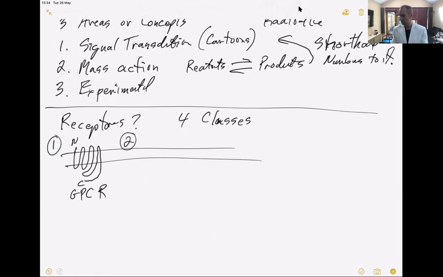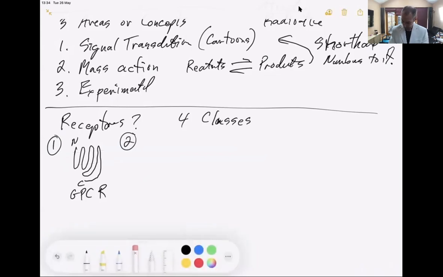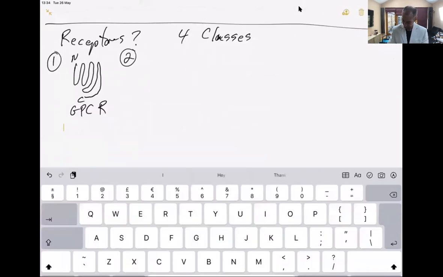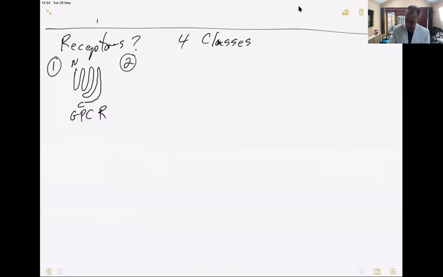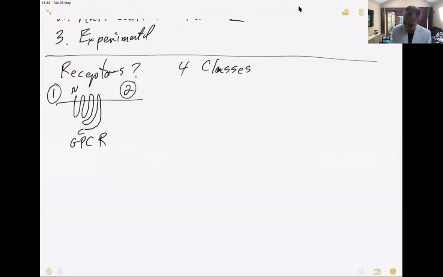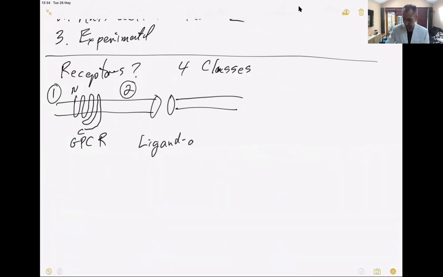Second one, I've erased more than I intended to do, but so if we've got this, second class is going to be a ligand-gated ion channel.